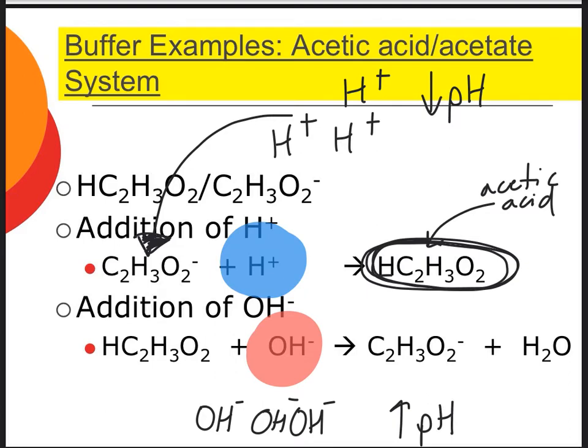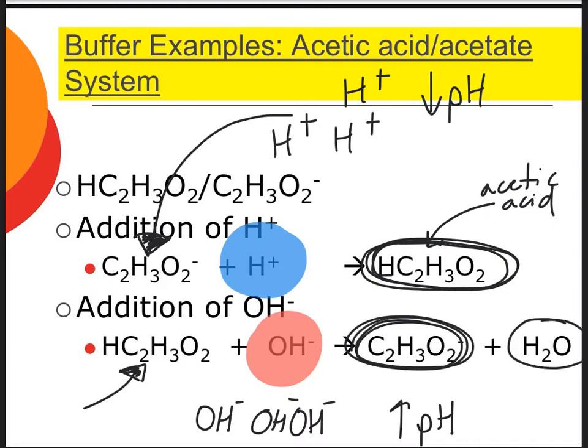But if we have this acetic acid here, it is going to start eating up all of these hydroxides, and we're going to result in acetate ions being formed. The hydroxides form water, and when they form water, they're no longer hydroxide ions floating around increasing the pH. So again, these buffers are ways of stopping the pH from rising and falling.